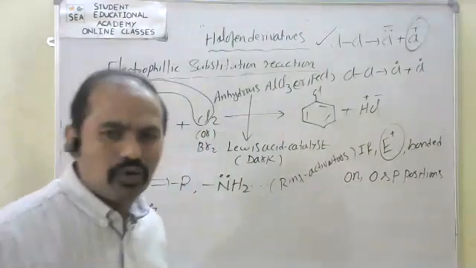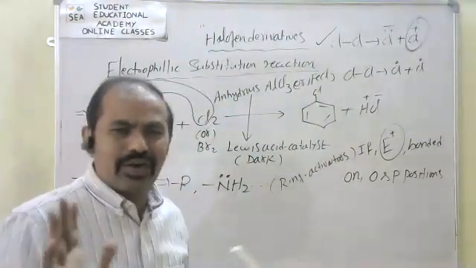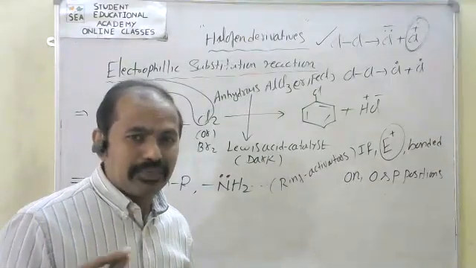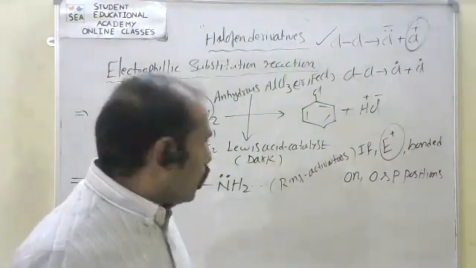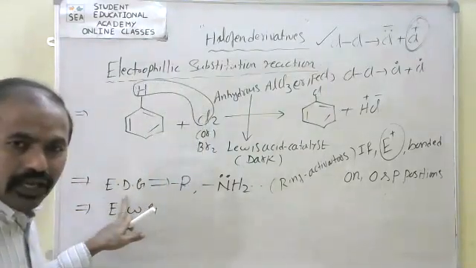See, it is most important. I will explain why it bonds at ortho and para. The resonance concept is there. I will explain all this in continuation. This is the first point.